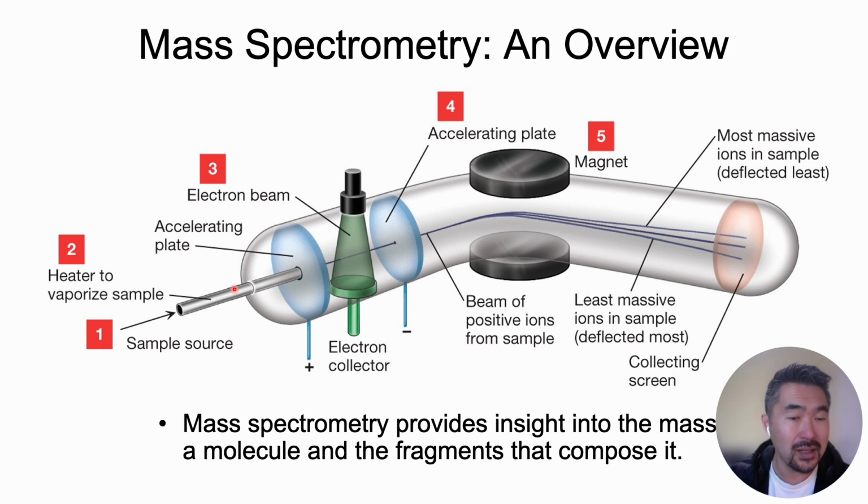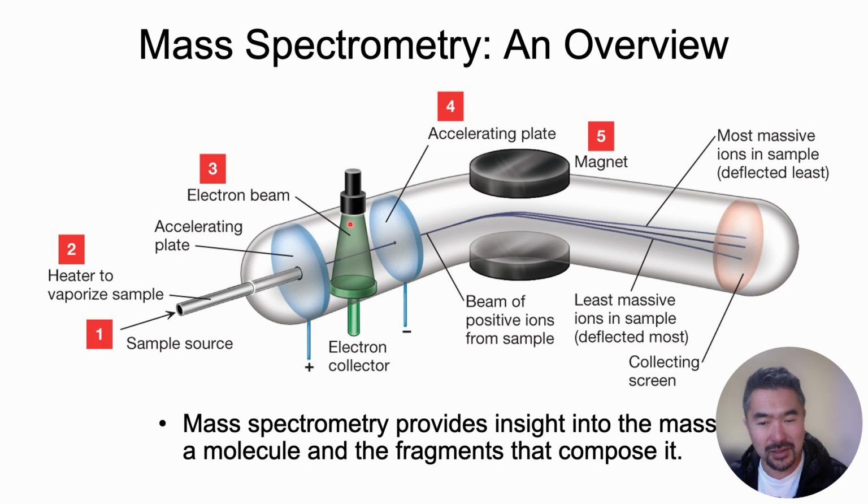So this is really hot, and the vaporized gas phase molecules go through this machine, and at one point it passes through an area where it gets bombarded by an electron beam. It's literally a beam of electrons that are thrown at these sample molecules.